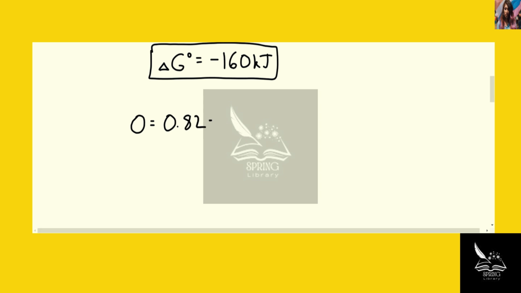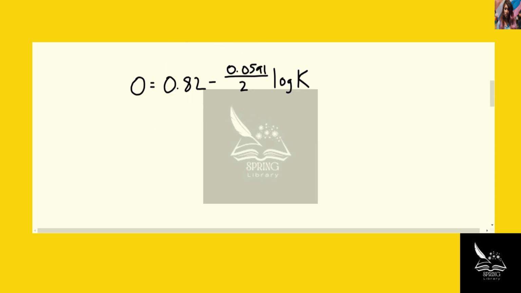We plug this into the Nernst equation, so we have 0.0591 over n, which again is 2 moles of electrons, times the log of K, since we are at equilibrium. Now, if we rearrange this equation to solve for the equilibrium constant K, we should get a final answer of about 5.6 times 10 to the power of 27.